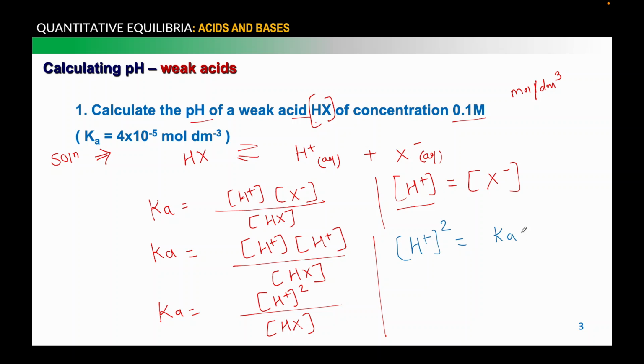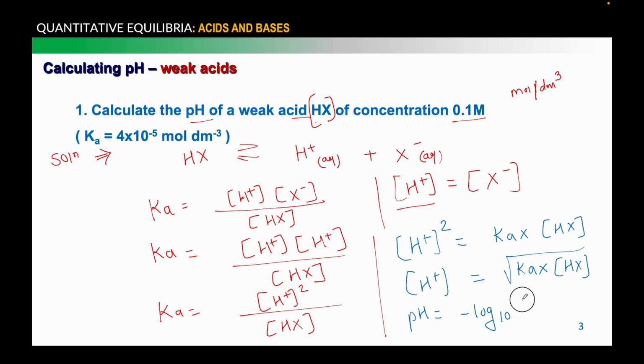And here you will get equation by just a rearrangement, student. H plus square is Ka into concentration of acid given, and if you want to calculate H plus, this will be equal to under root of Ka into concentration of acid. And after calculating H plus, we will calculate pH. We need one more formula. pH is equal to negative logarithm to the base 10 concentration of H plus. So note down these two formulas.